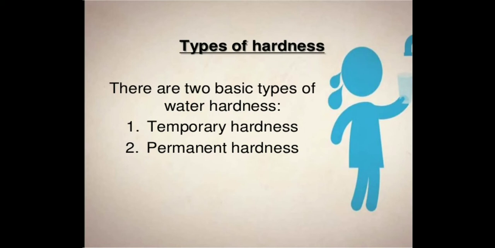What are the radicals present and important for temporary hardness? We also discussed that. And what radicals are the reason for permanent hardness? We discussed all this in detail. And you may get questions from all this in the exam.